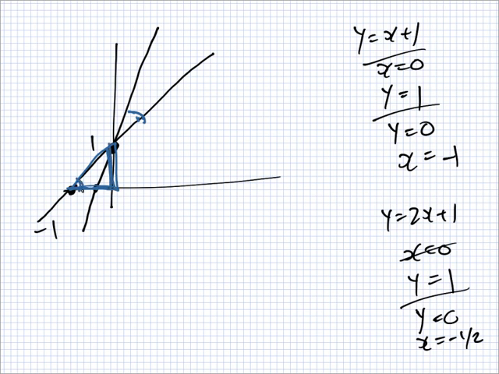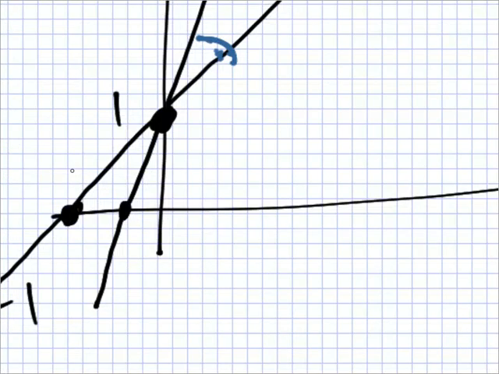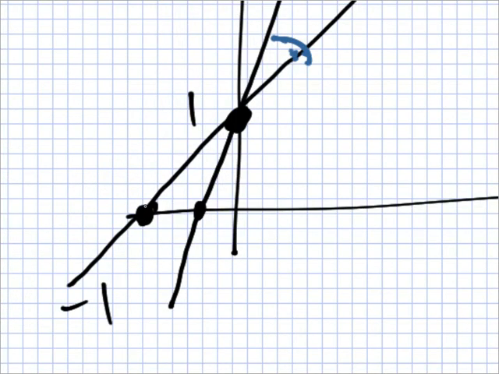Yeah, it's 45. Remember, tan inverse 1 over 1. I need this angle, which means I need this angle and this angle. So I've just worked out that that one is 45.